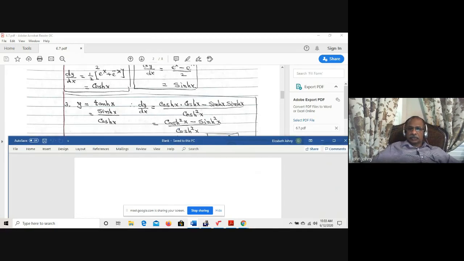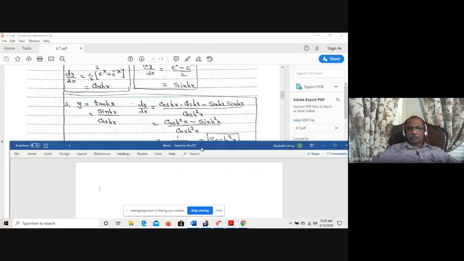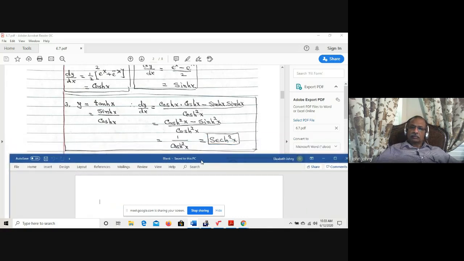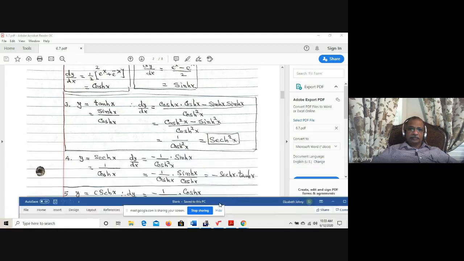It becomes cosh square x minus sinh square x divided by cosh square x, which is 1 over cosh square x, because by the theorem cosh square x minus sinh square x is 1. So this is 1 over cosh square x, which is sech square x.